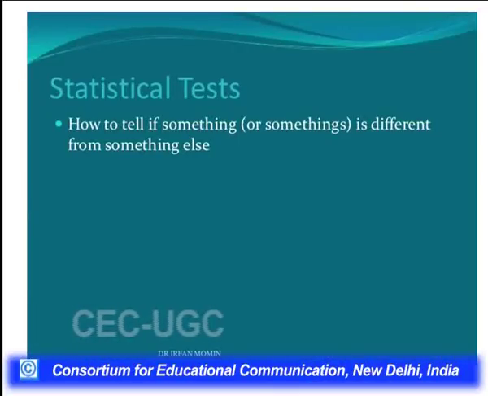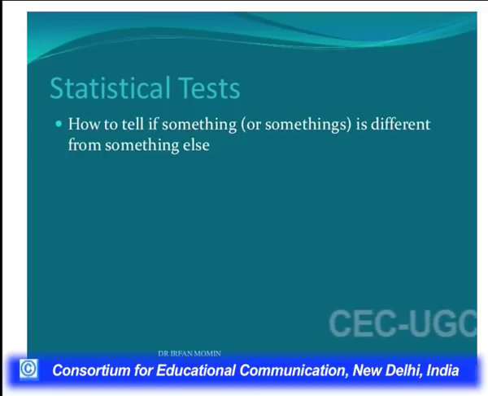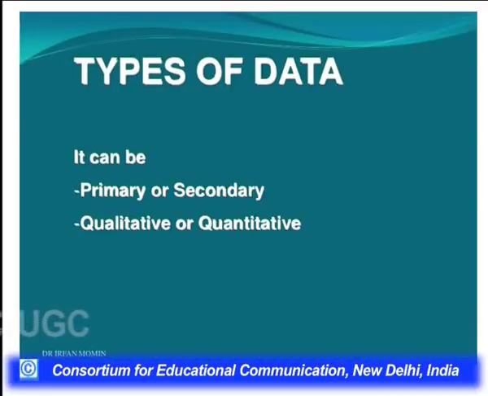How to tell if something is different from something else. So it's like if you're comparing the data, like sample A is different from sample B, or B is different from sample C. So in this kind of orientation, we have basically two types of data in front of us. The primary or secondary is the first category. The qualitative or the quantitative is the second category.